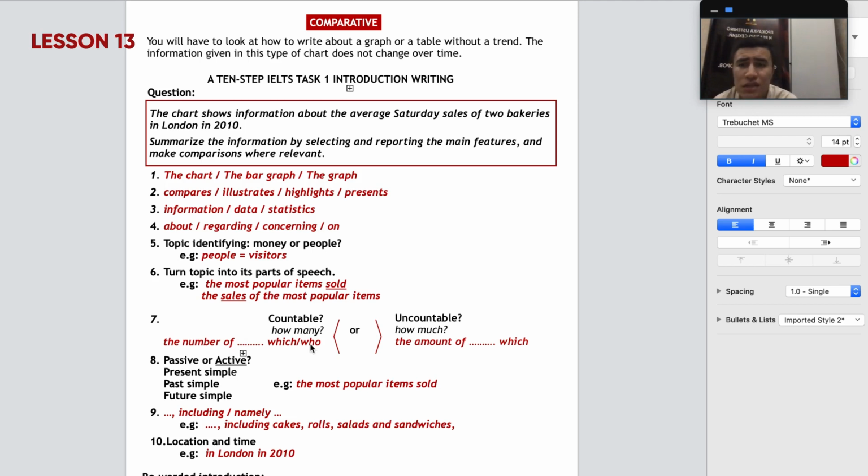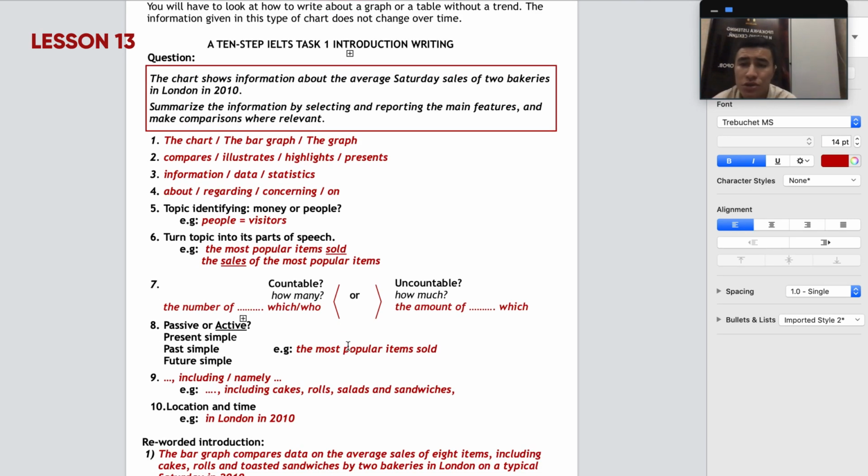Let's say the chart illustrates data regarding how many people visited Australia, or the number of visitors who visited Australia, or the number of people who visited Australia. Or if your noun is uncountable, you can use how much or the amount of.